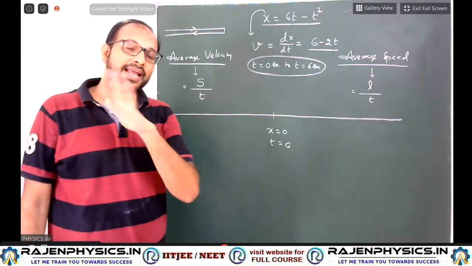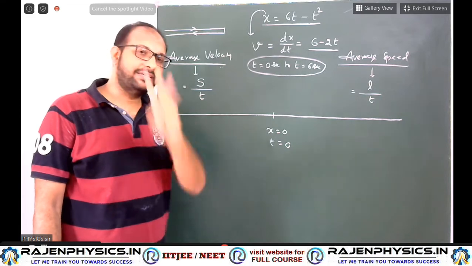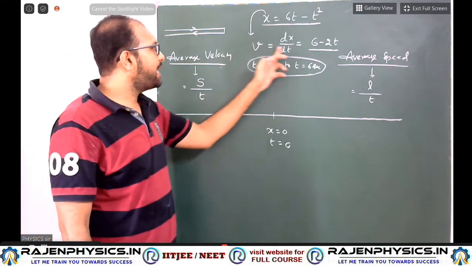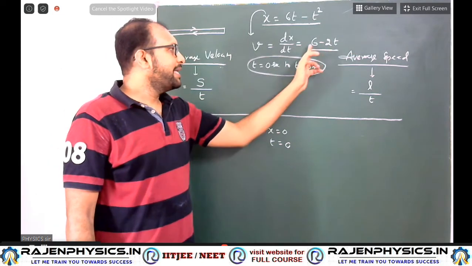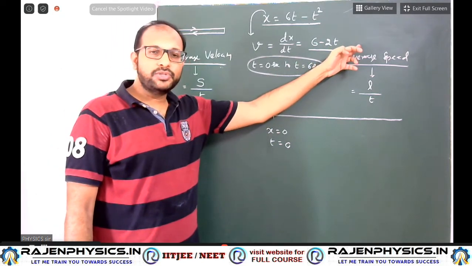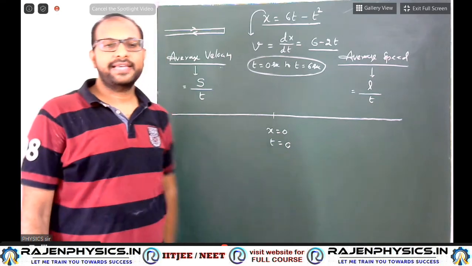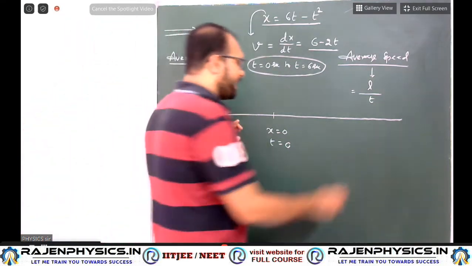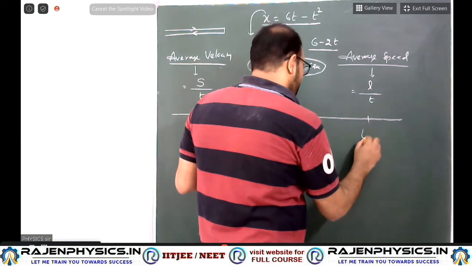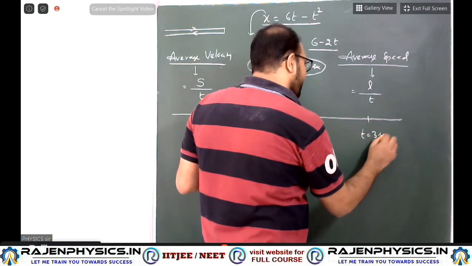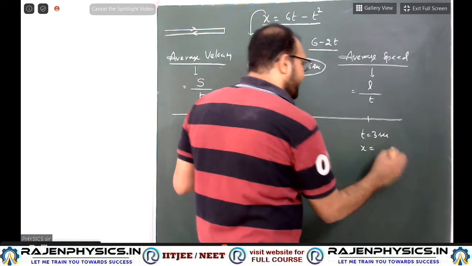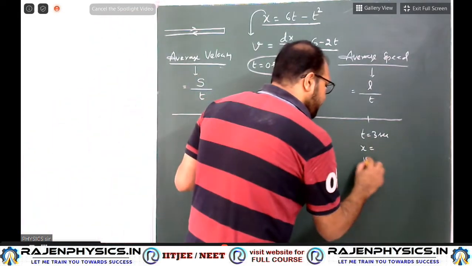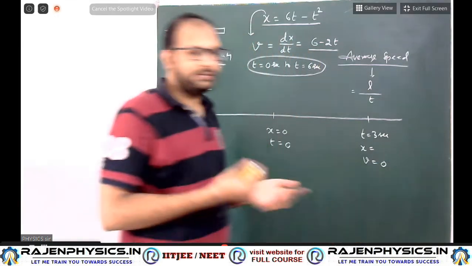But at what time does velocity become 0? Previously we have seen the 3rd second. Suppose you don't know, simply substitute velocity v equal to 0: 6 minus 2t equal to 0, t equal to 3 seconds. At t equal to 3 seconds we need x, because velocity is 0 at that location, which means it comes to rest.